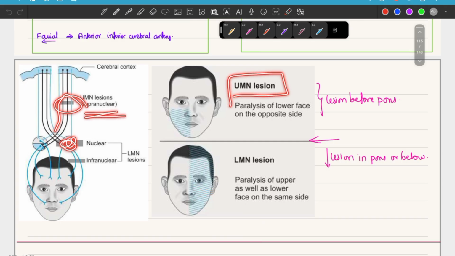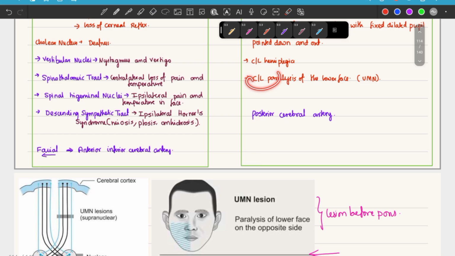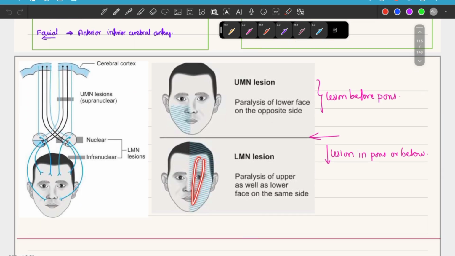Hence, in Weber syndrome, the facial nerve palsy will be there, but it's an upper motor neuron. Whereas in lateral pontine syndrome, the facial nerve is involved in the pons, isn't it? Like in the pons or below the pons, it will lead to lower motor neuron lesion. Hence, there will be ipsilateral side facial paralysis.